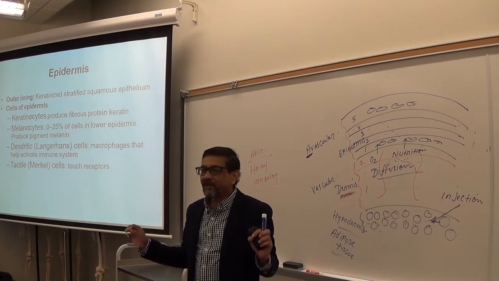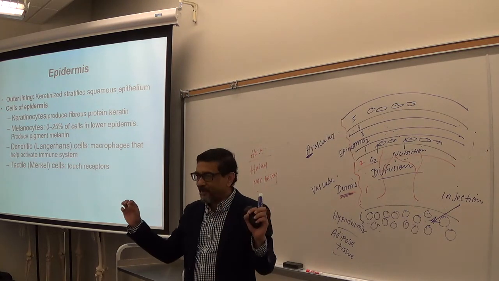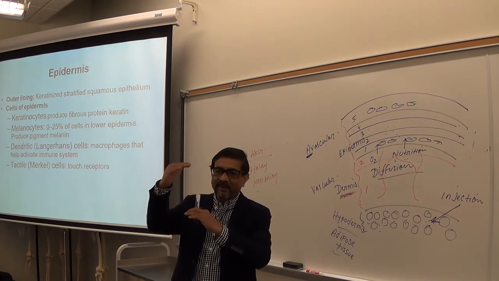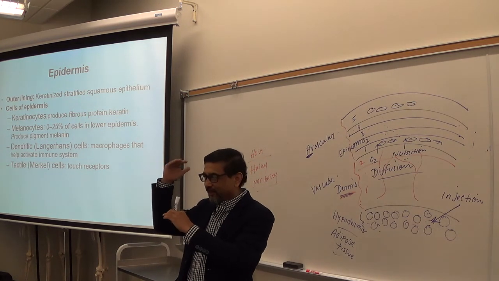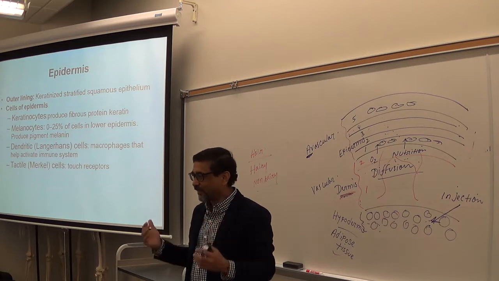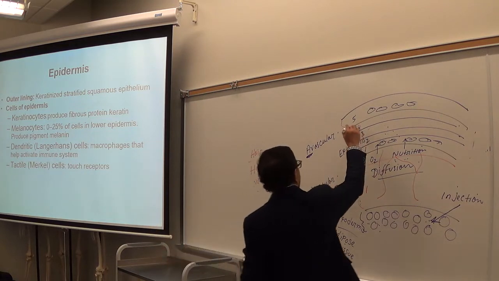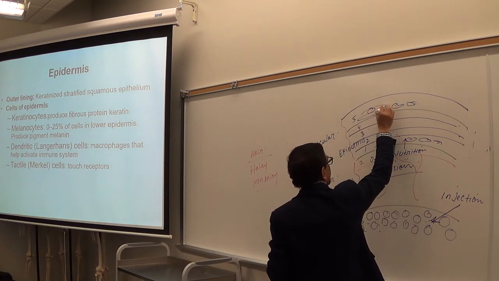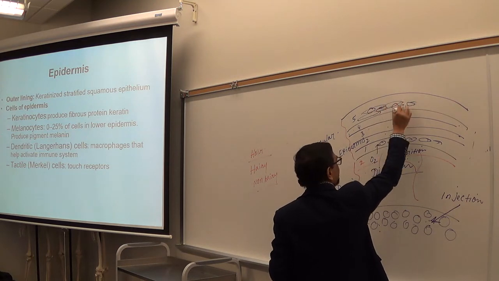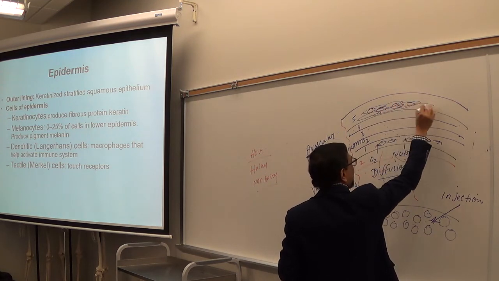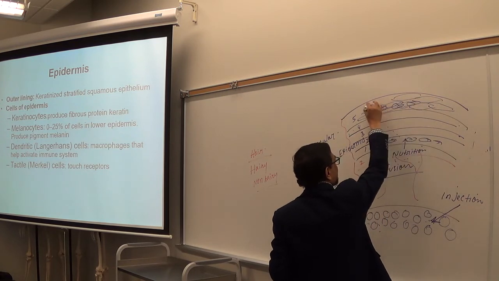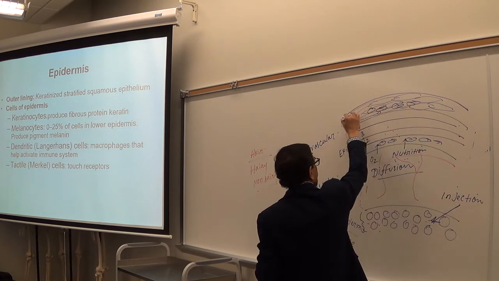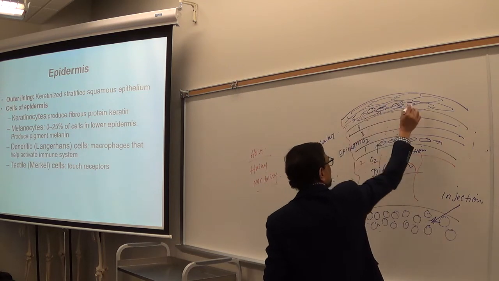And when the flat squamous cells make many layers, that tissue is called what? Simple or stratified? Stratified squamous, right? So you have many layers of flat cells, stratified squamous. Squamous cells form many layers.